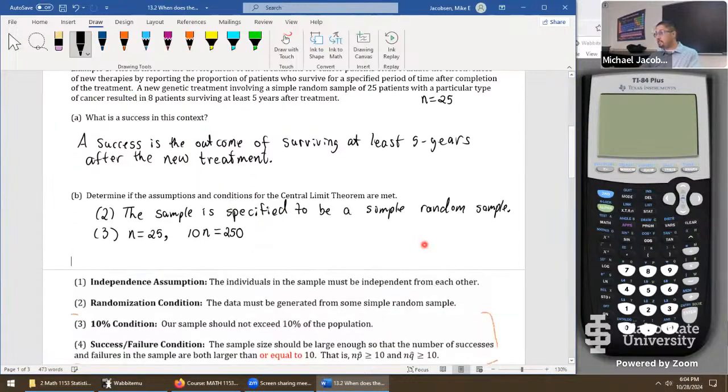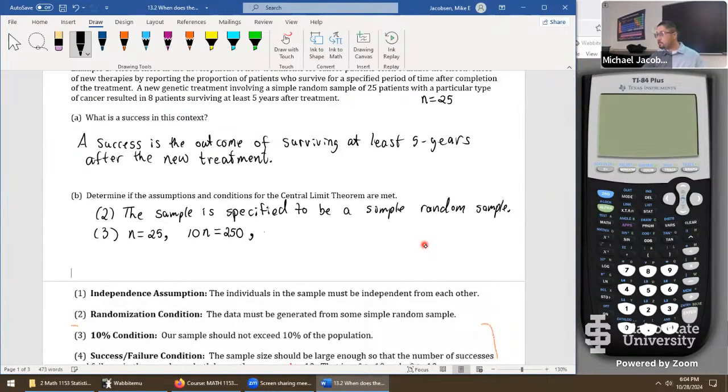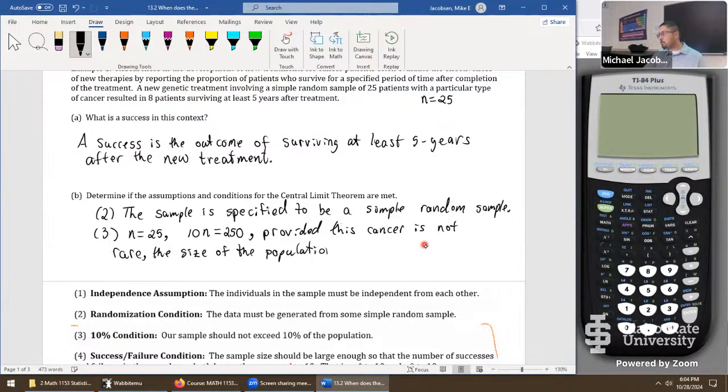So let's say down here, provided this cancer is not rare, the size of the population is larger than 250.